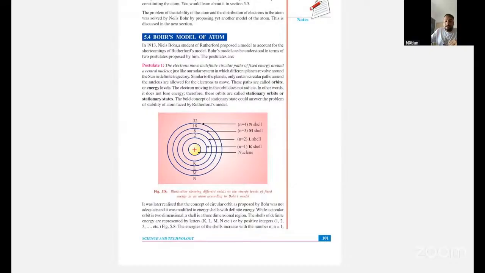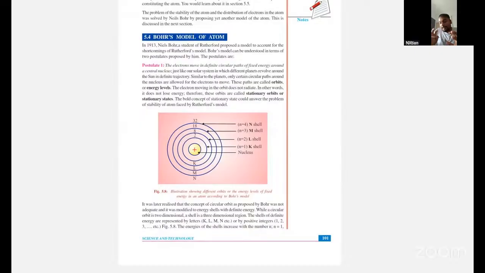Niels Bohr says, yes, electrons revolve around the nucleus, but they have their own fixed orbits. Like Earth has its orbit, Mars has its orbit, Jupiter has its orbit. In the same way, electrons have their orbits, and electrons revolve in these orbits, and orbits do not allow them to radiate energy because each orbit has fixed energy.